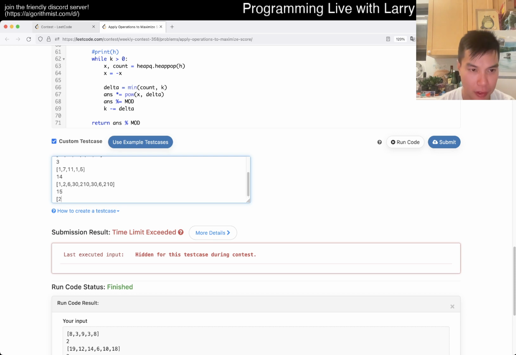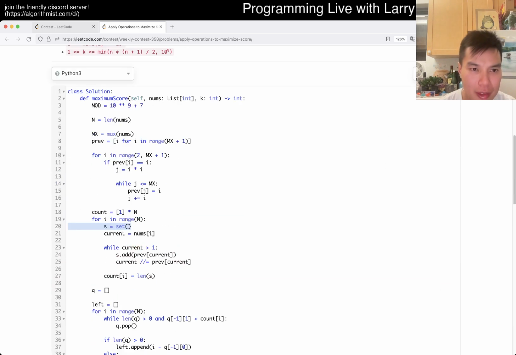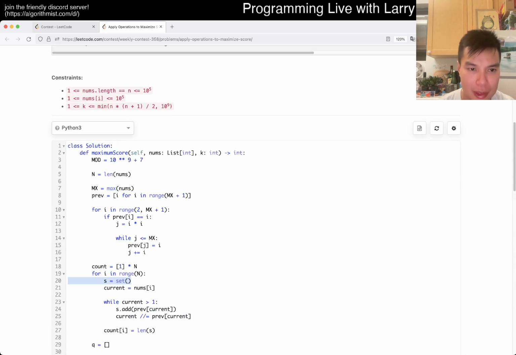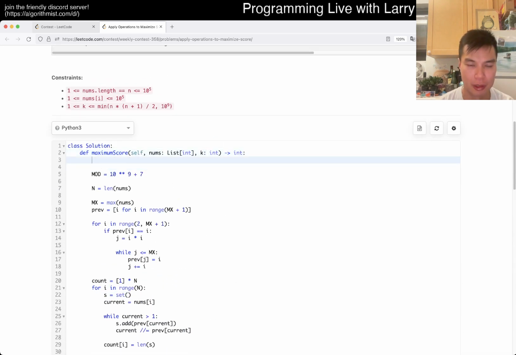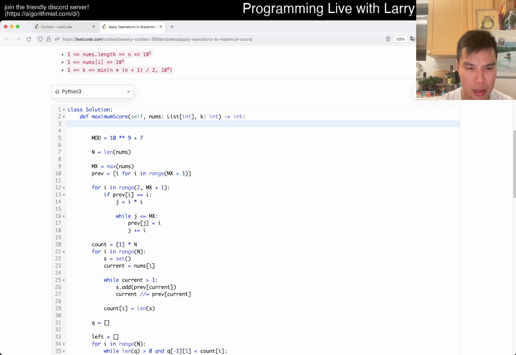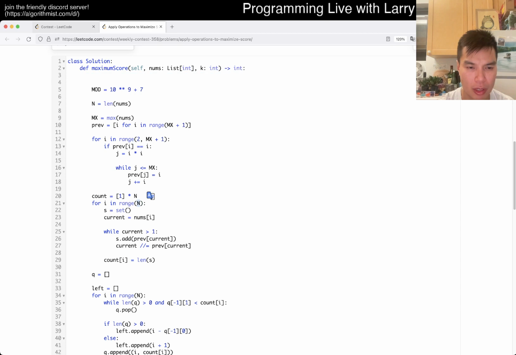Well, I guess the worst case is just maybe like how many. 10 to the 5th is a ridiculous number. You can't even test it. I guess you can, but let's see. Let's take a look. Oh, because maybe this stuff. Let's see. This is just wrong, right?